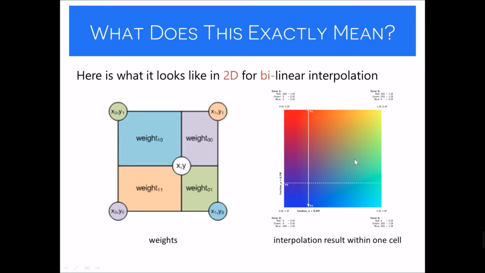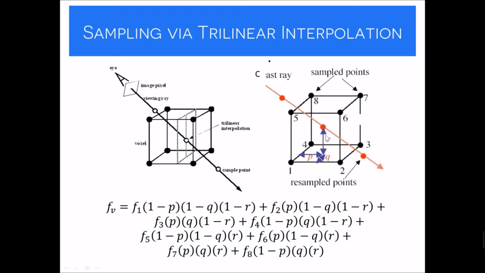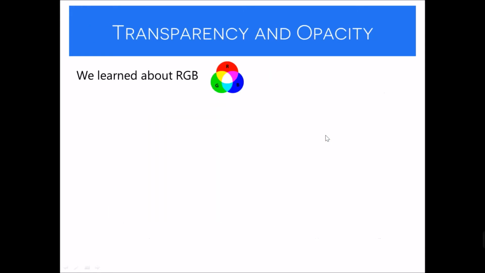Looks kind of like a color map, but this is really what you get if you bilinearly interpolate these different values, it gets very smooth, right? And essentially that's what you're going to do in trilinear interpolation too, just now in 3D. Okay, so now you sort of understand how you can estimate a value for an arbitrary location in one of those cells.